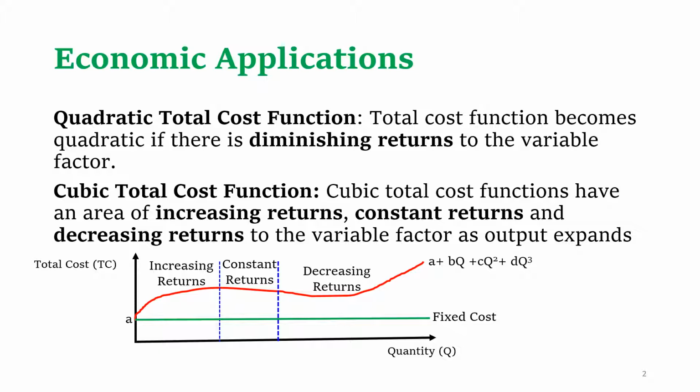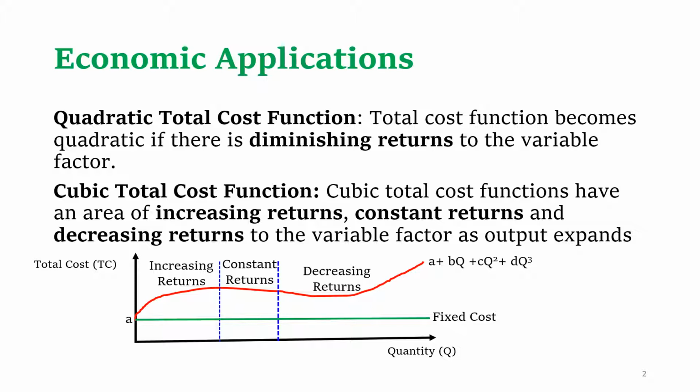We're going to start with some economic applications here. In the last lecture, we looked at the quadratic total cost function as well as the cubic total cost function. And we stated that the quadratic function is of degree 2, a polynomial of degree 2.